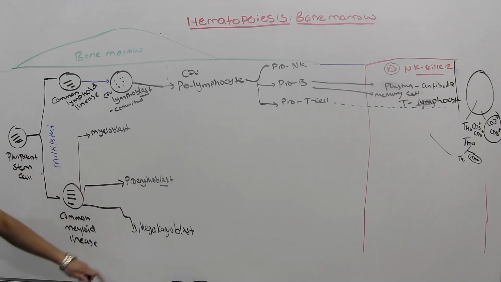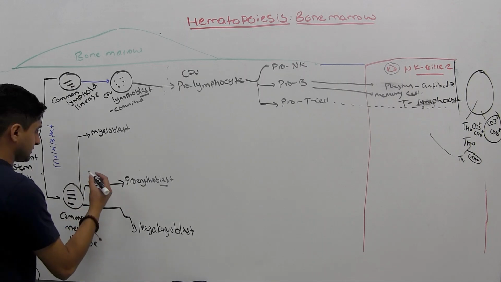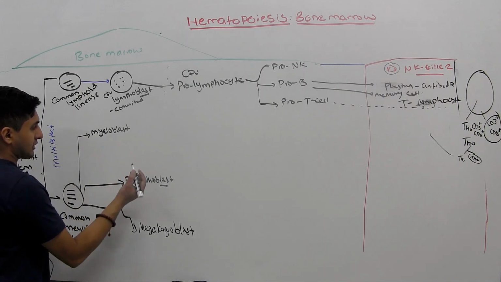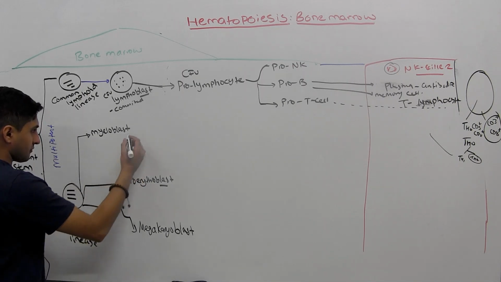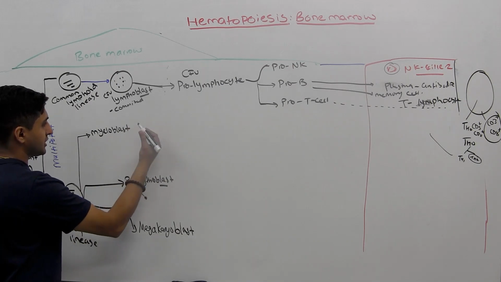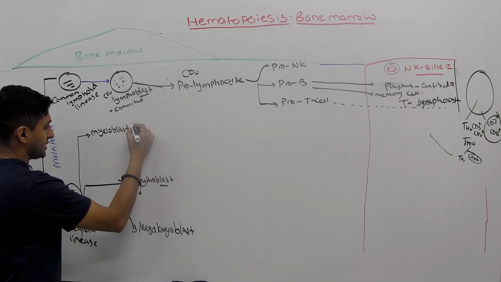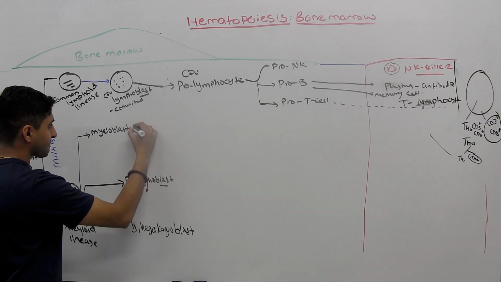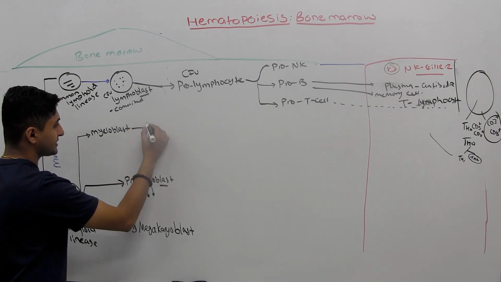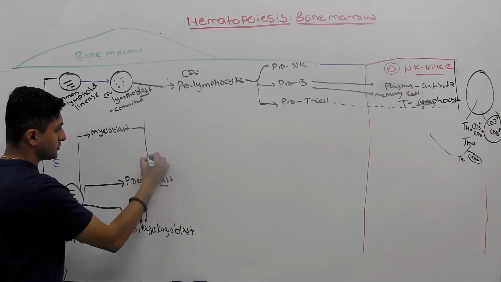What's going to happen is that this myeloblast is going to give rise to two types of things, because it's going to differentiate into two things.